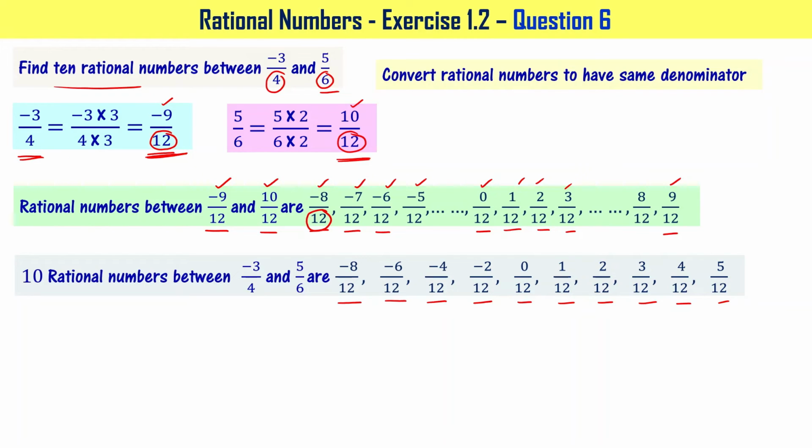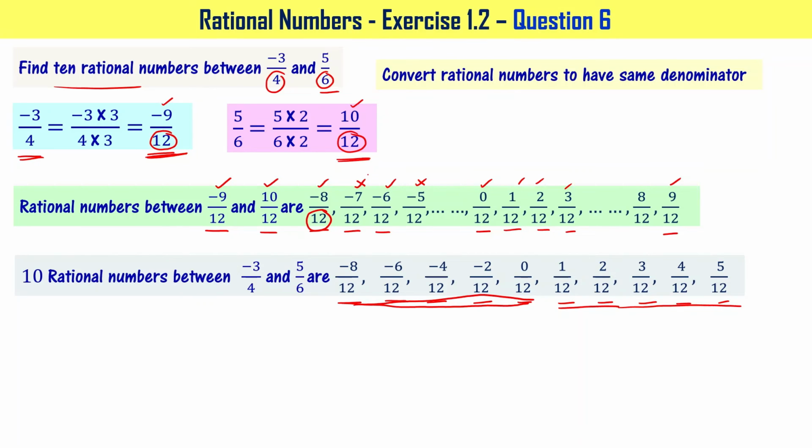For example, up to here, I have taken every alternate number from this list. I have dropped minus 9, minus 7 by 12. Then I have dropped minus 5 by 12 and so on, right? But when it comes to the positive side, I have taken all 5 continuously, 1 by 12, 2 by 12, 3 by 12, 4 by 12, and 5 by 12.